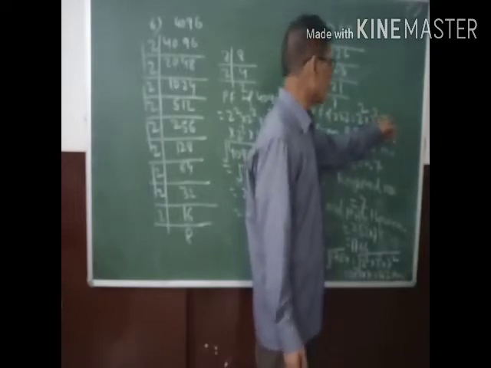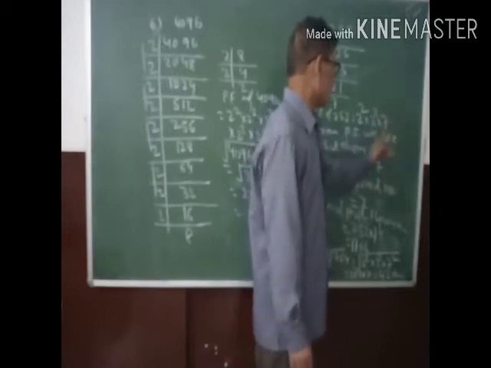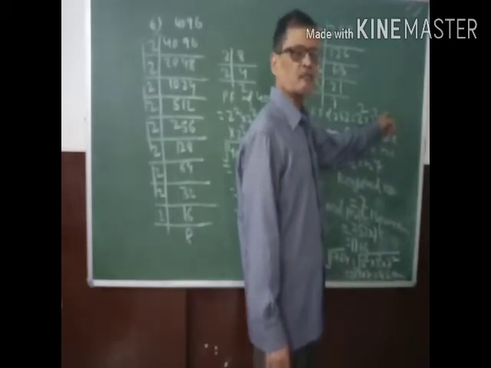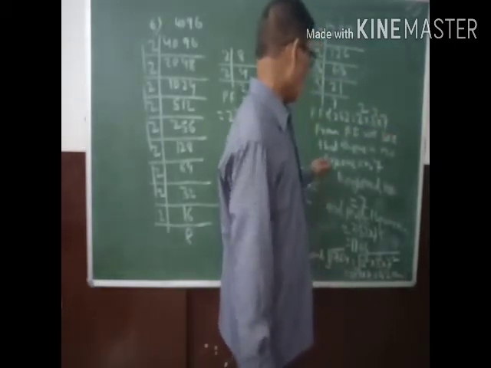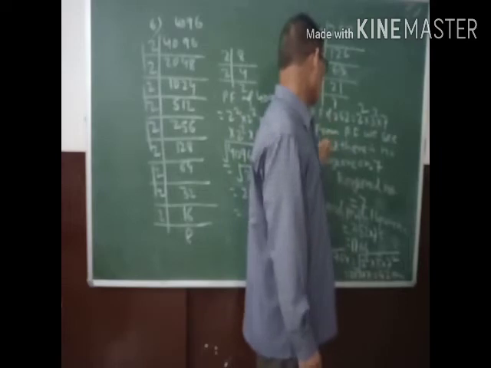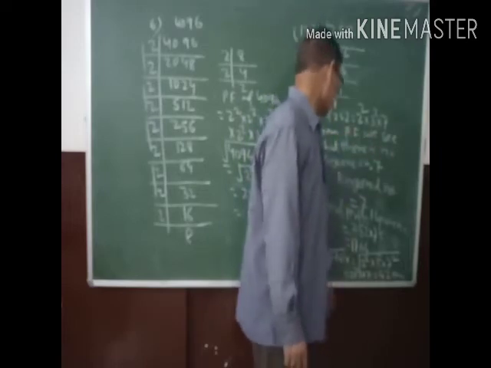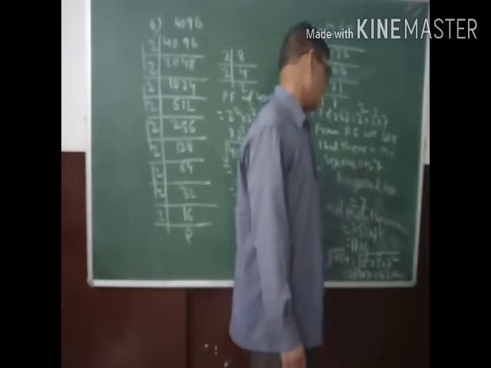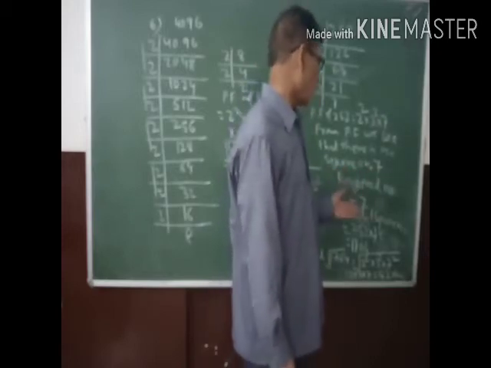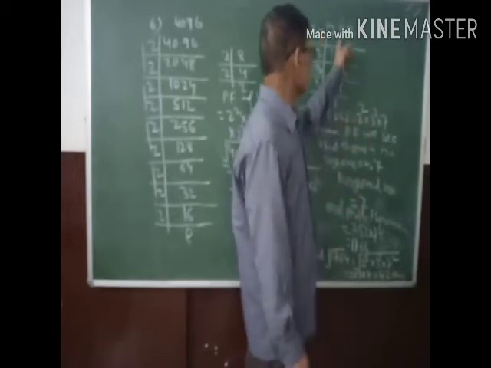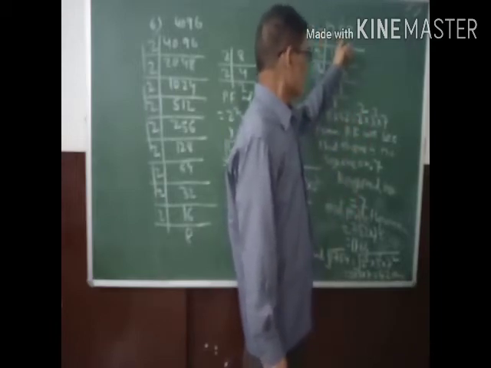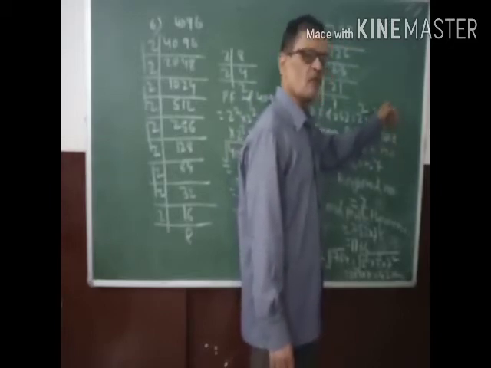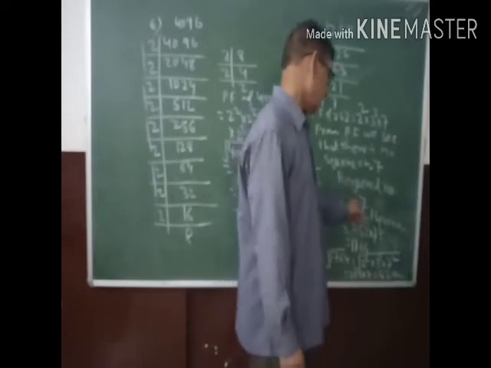Certainly, if we multiply this by 7, then there will be a square on 7 also. So we are required to multiply this by 7. So the required number is 7.